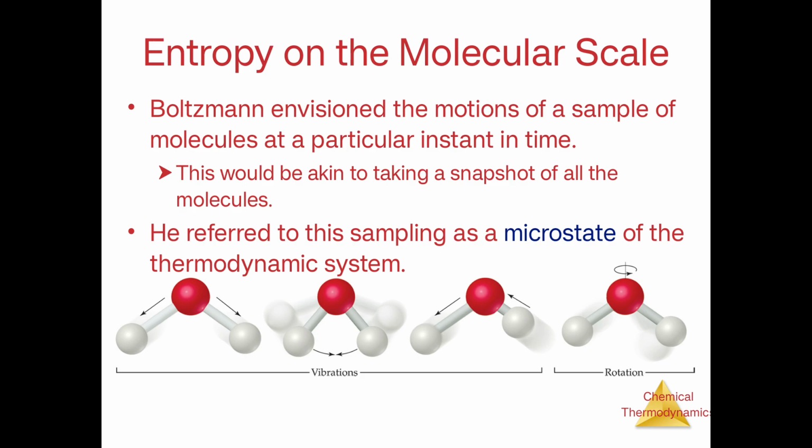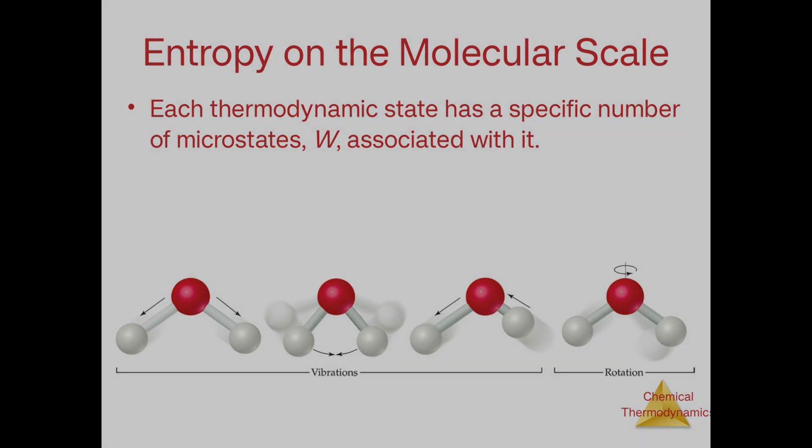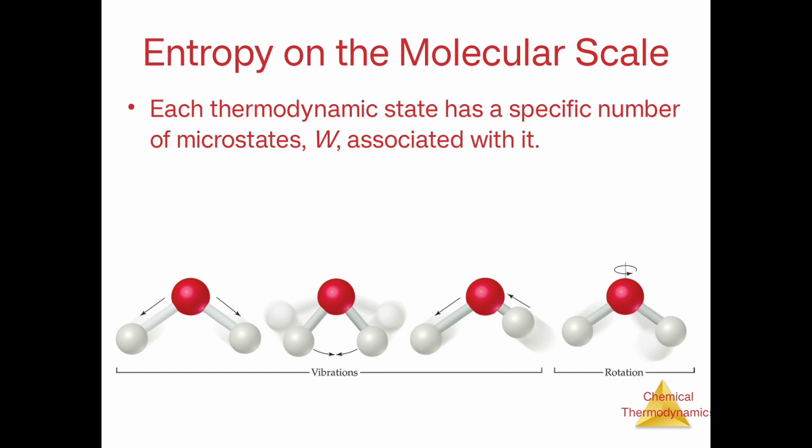He referred to the sampling as a microstate of the thermodynamic system, which means he defined the state, because entropy is a state function in a microscopic view, because we cannot see the entropy as a macroscopic one. So each thermodynamic state has a specific number of microstates.